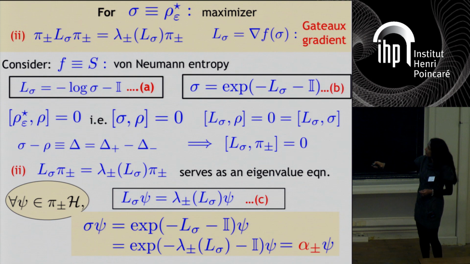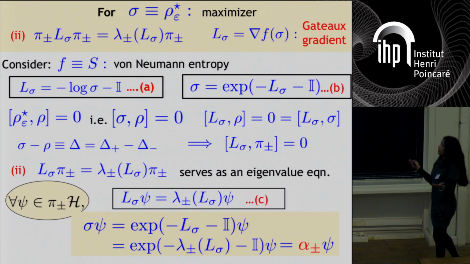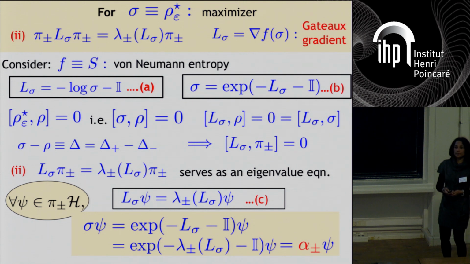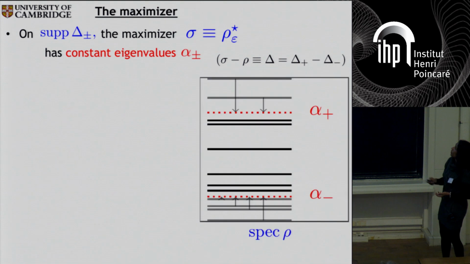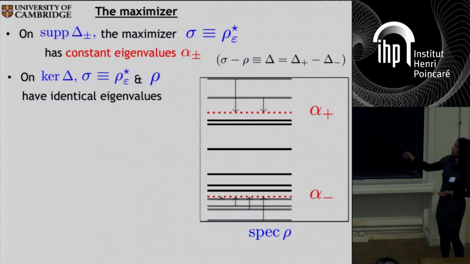And this sigma was the maximizer. So immediately we know what the maximizer's eigenvalues would be like. On the support of delta plus minus, the maximizer has constant eigenvalues, alpha plus and alpha minus. And of course, in the kernel, they have to have identical eigenvalues.